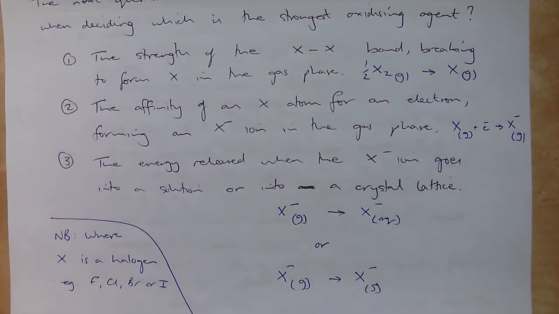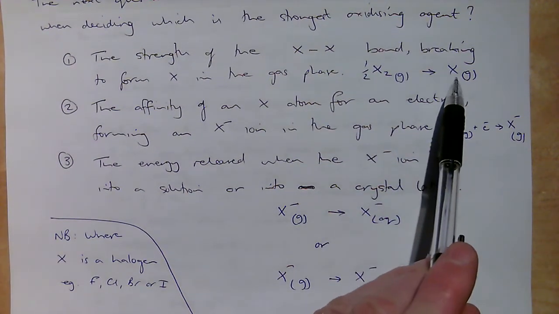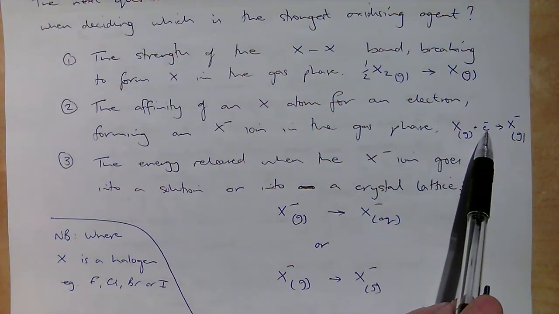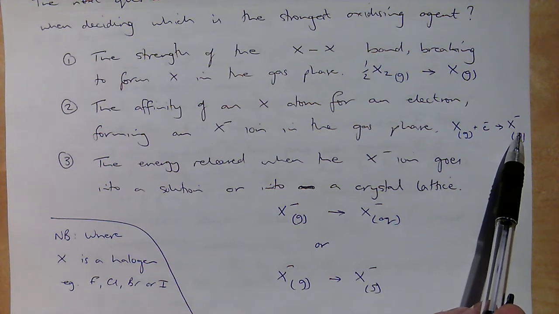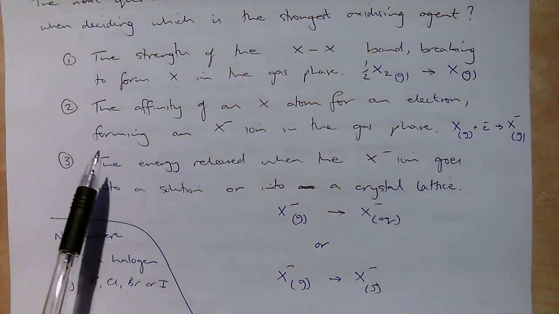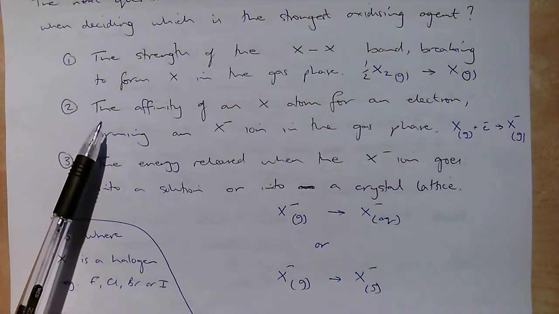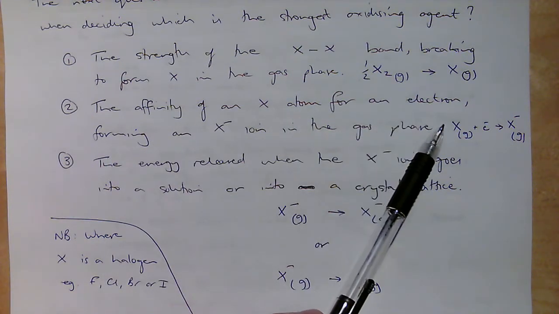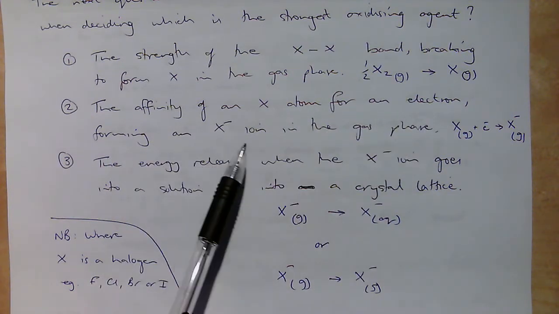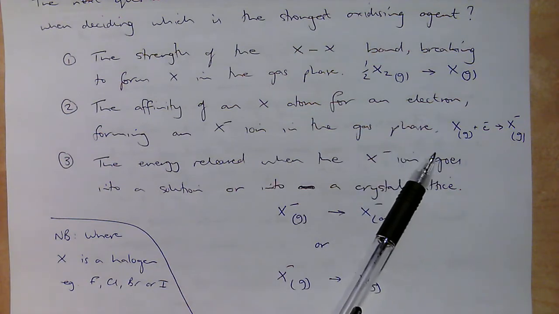The next thing that happens then, well, what happened to that X atom? The X atom gained an electron, didn't it, to form X minus, the halide ion. So the next thing that we've got to consider is the affinity of an X atom for an electron, forming an X minus ion in the gas phase.